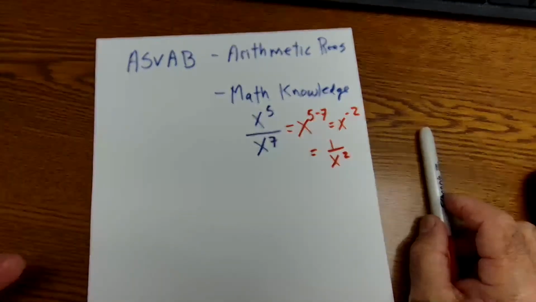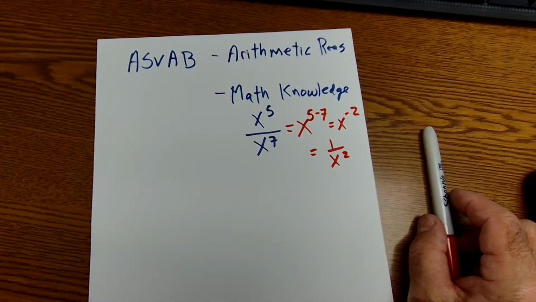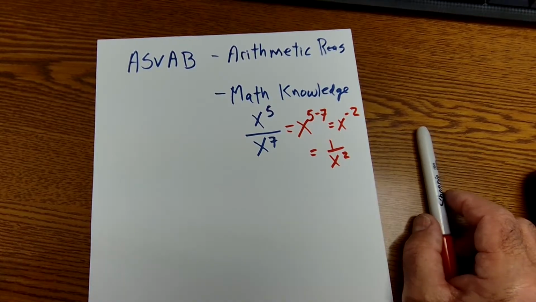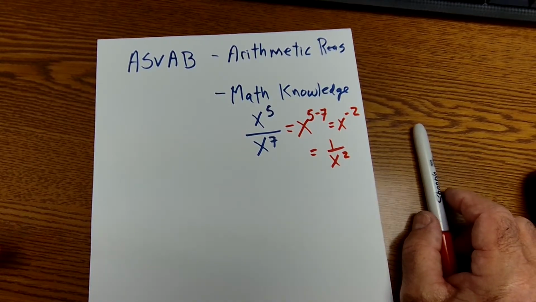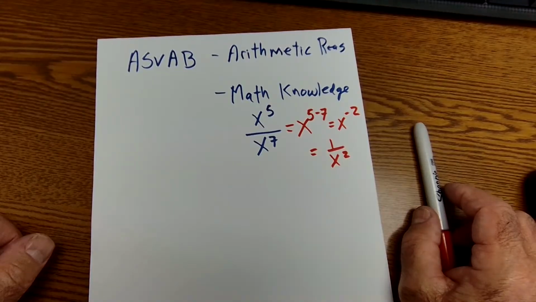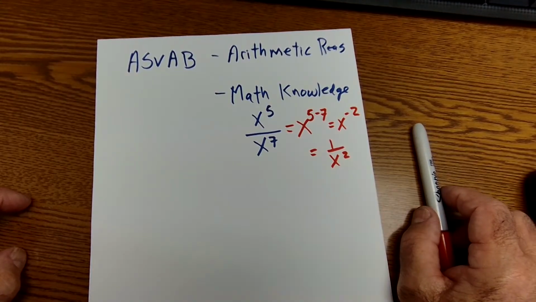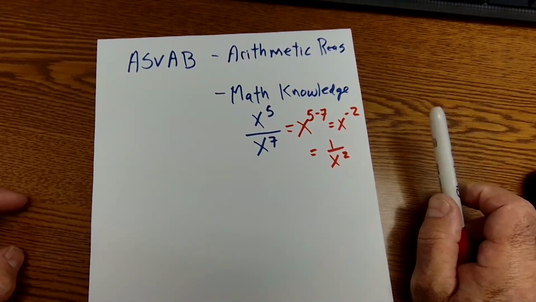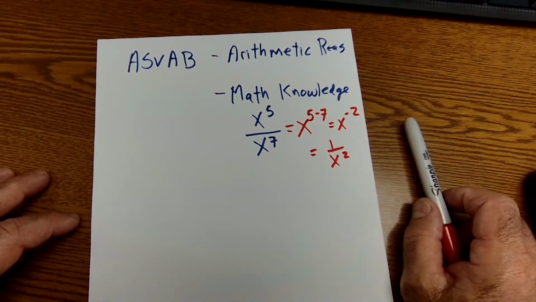Math is always kind of the biggest one for your ASVAB score. It really has the biggest impact and probably the easiest one to improve. Well, I guess the two biggest things to really affect your score are English, reading comprehension, word knowledge, those kinds of things, and math.